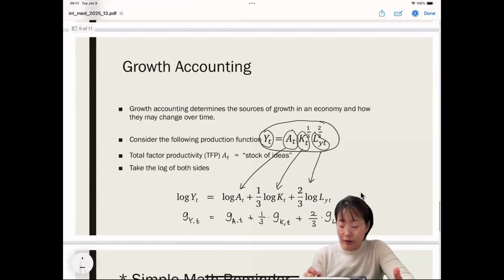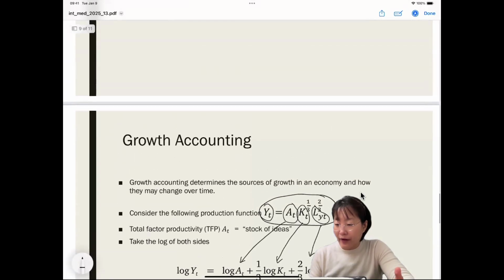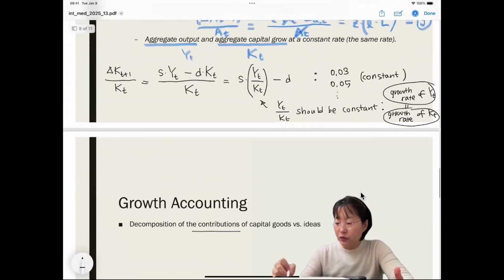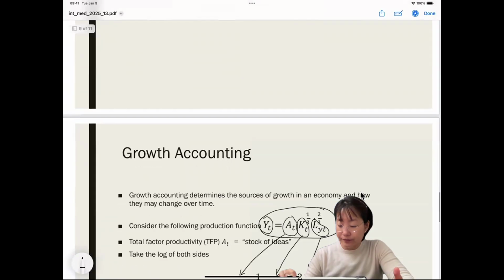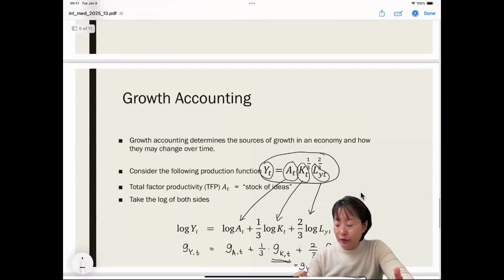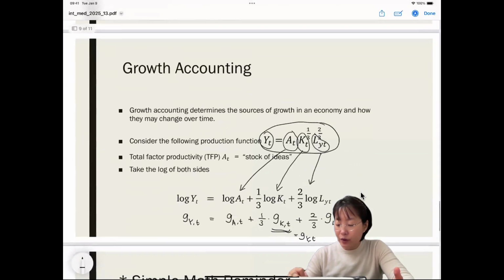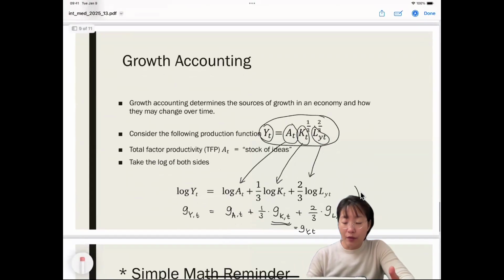Actually, I will replace this one with growth rate of output using the fact that growth rate of output is equal to the growth rate of capital goods. Now, how can I derive this one? I will use the first derivative of log.